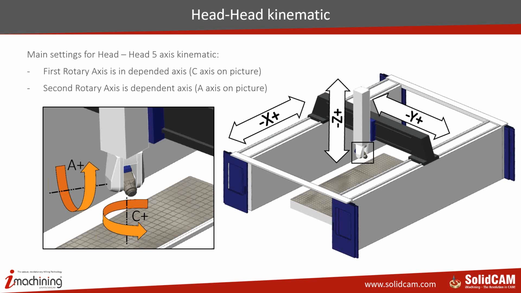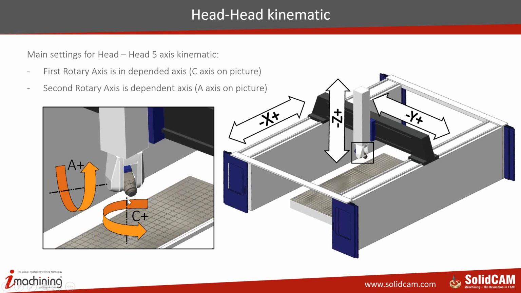Now, what is an independent and what is a dependent axis? If you take a look here, the C axis is independent. To better explain what independent means, I will start from the A axis. If we rotate the A axis here, it means it's independent.